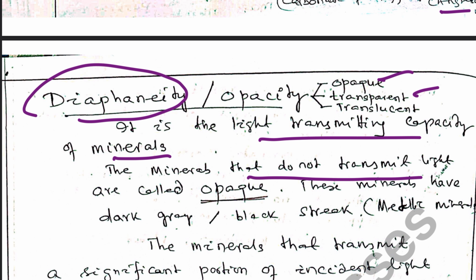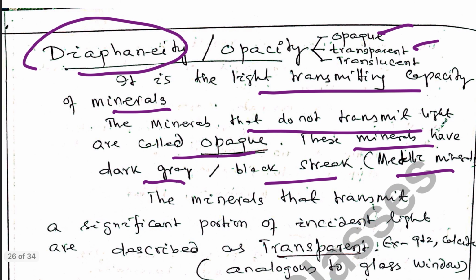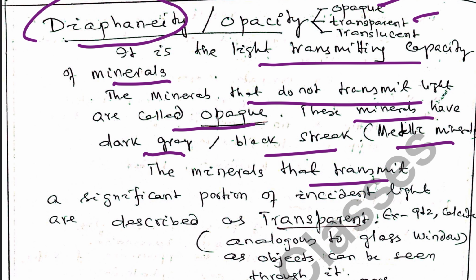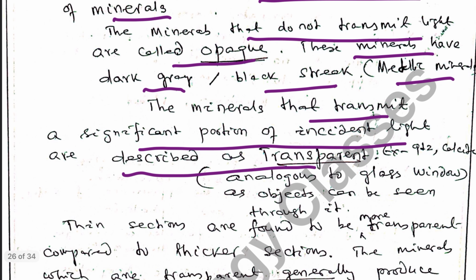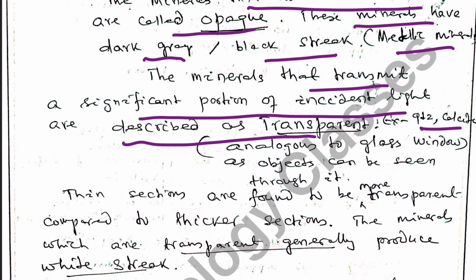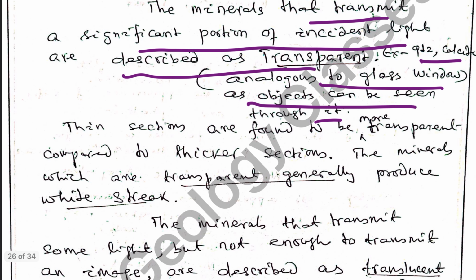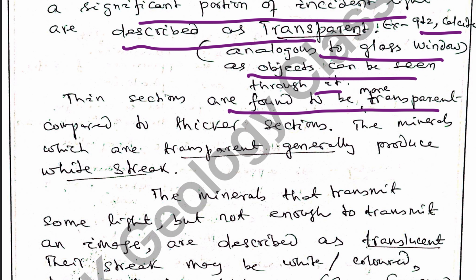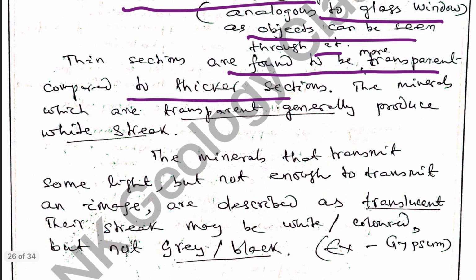The minerals that do not transmit light, they are called opaque. These minerals have dark grey or black streaked metallic minerals. The minerals that transmit a significant portion of incident light are described as transparent, such as quartz, calcite. Analogous to glass windows, as objects can be seen through the glass window. Thin sections are found to be more transparent compared to thicker sections. The minerals which are transparent generally produce white streak.